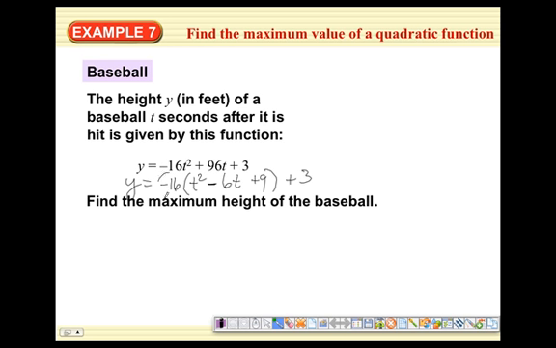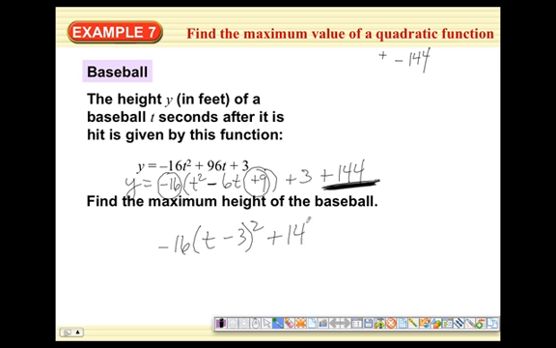You really do. You added negative 16 times 9, which means you really added a negative what? 144, which means you have to do the opposite here. You add a positive 144. That's the key right there. Final answer: negative 16 times (t minus 3) squared plus 147.